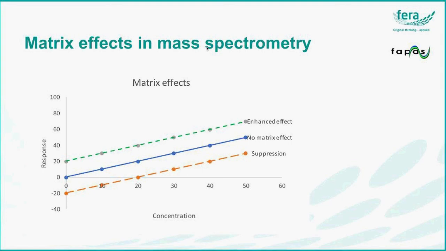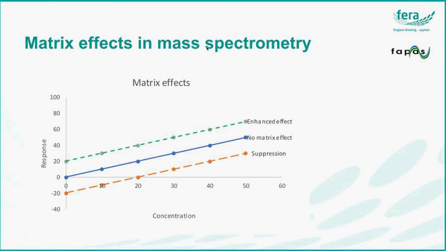If we're producing a calibration line, we aim to have a series of standards at different concentrations that are giving a linear response to those concentrations and going through the origin, that is the 0 point of that graph. So the solid blue line in the middle indicates no matrix effect.